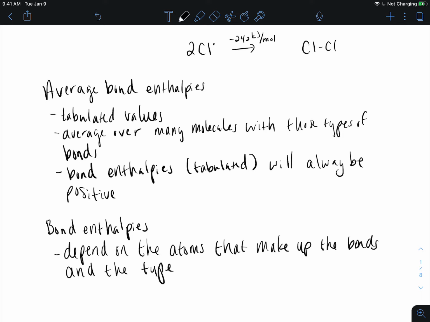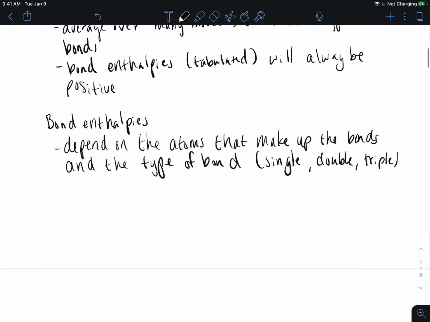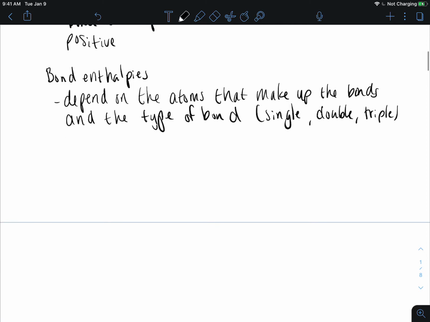So by type of bond, I'm talking about whether it is single, double, or triple. When we go from a single bond to a double bond, we increase our number of electrons that are being shared, and we decrease the distance between the atoms, so it's actually harder to remove or break that bond.